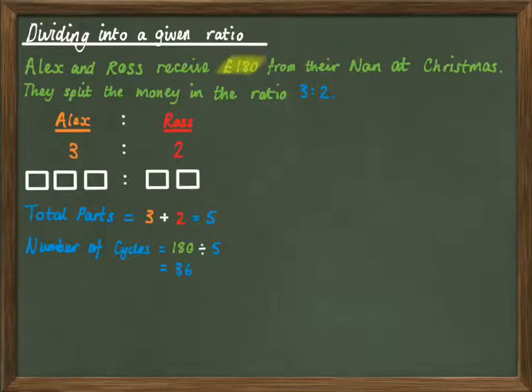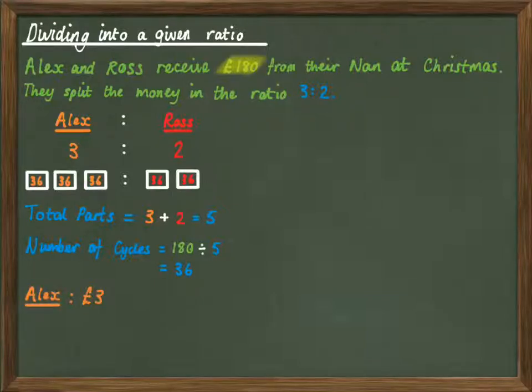The number of cycles, or the number of times I'm going to have to go back around and start my loop again, is 36. So in my little diagram, if you're using the support, in each little box I'm going to write 36. Each part they have is worth 36.